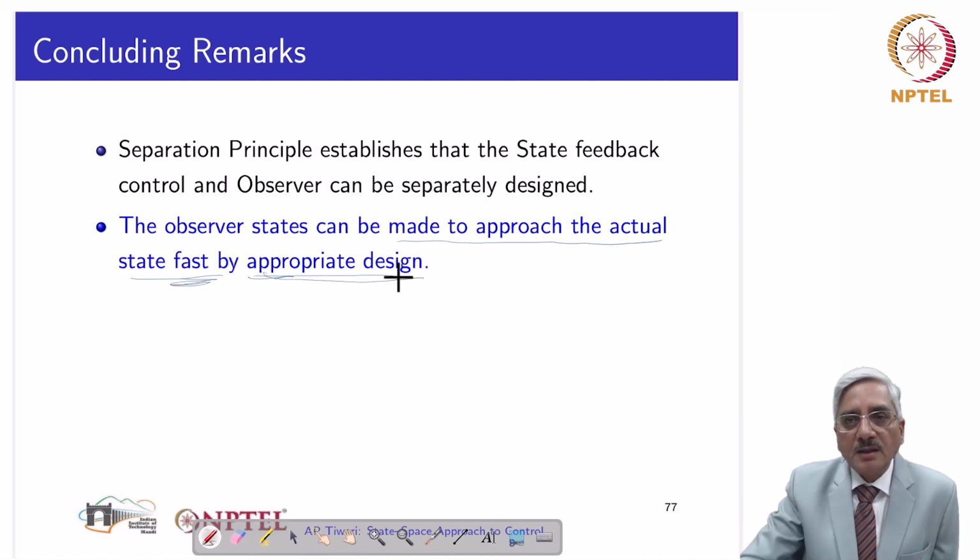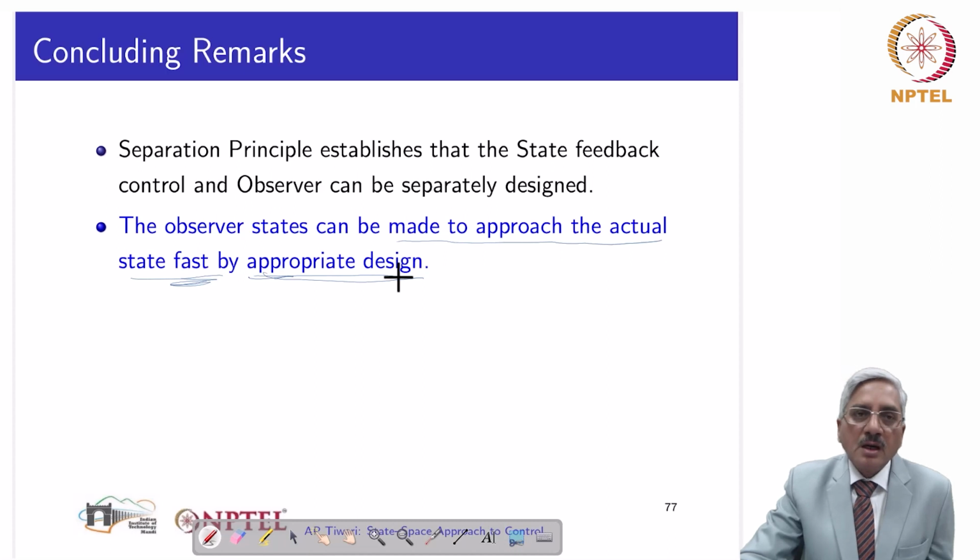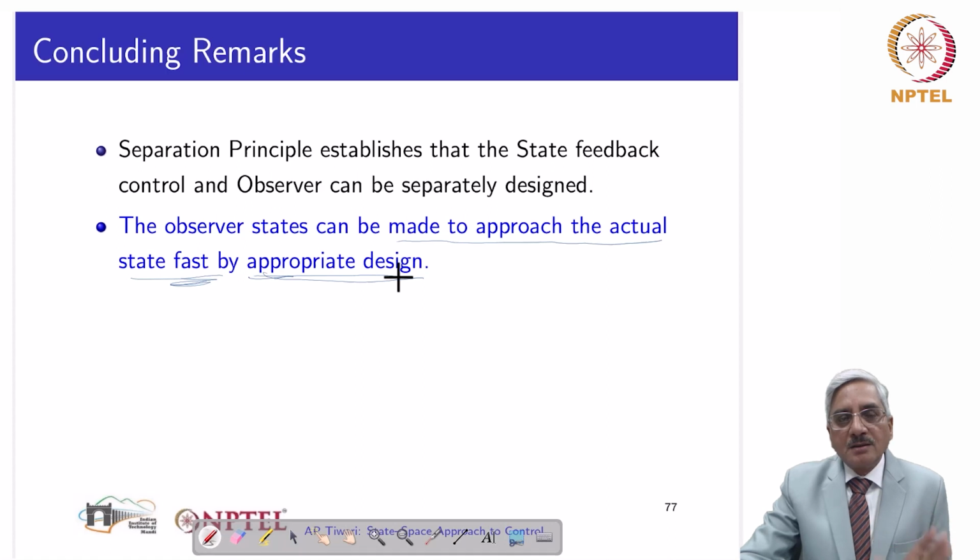As I said in one of the preceding lectures, let me repeat, that the observer poles can be placed comparatively far to the left than the system states with the state feedback.